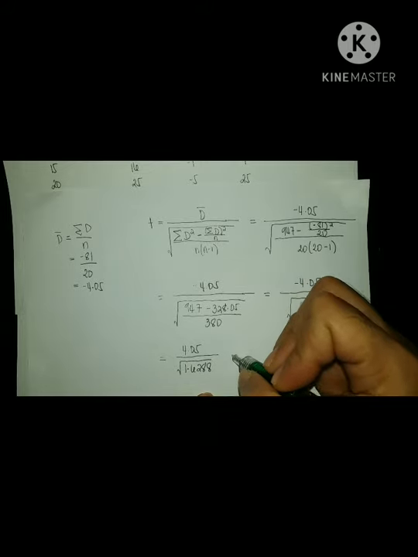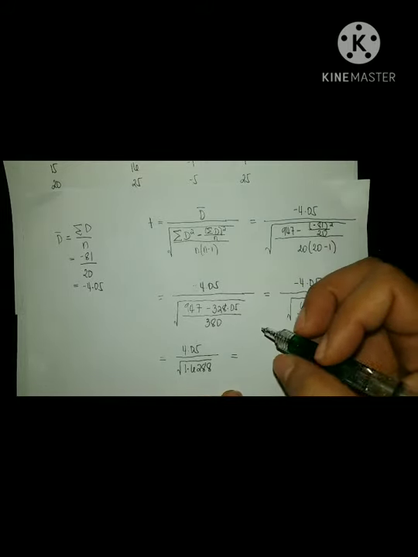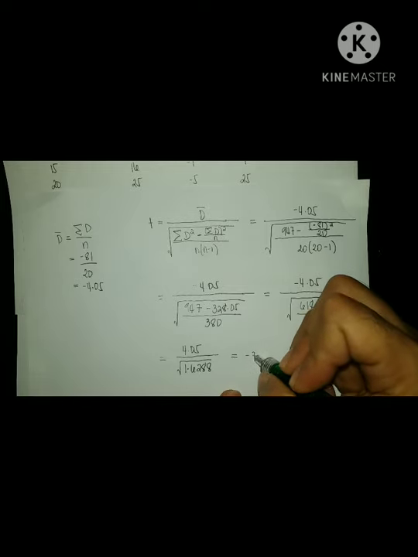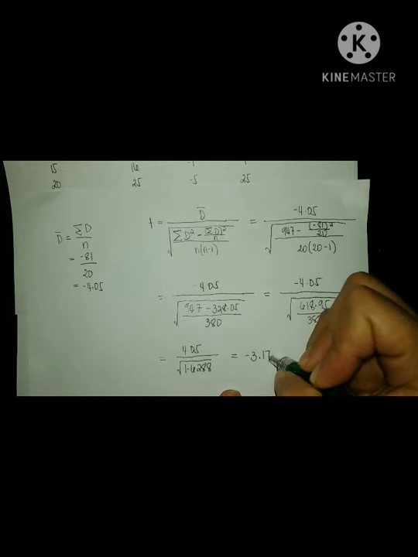So 4.05, then we have 618.95 divided by 380, which is equal to 1.6288. Then that is equal to negative 3.17.